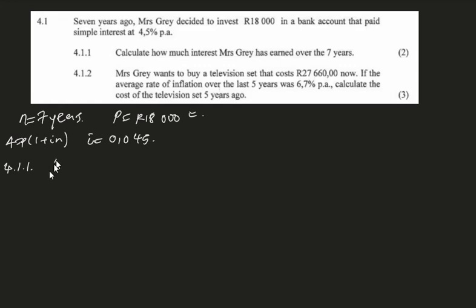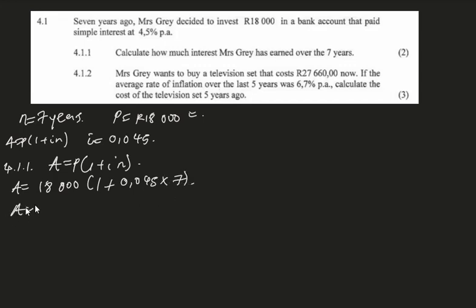Remember, we use the simple interest formula this way. The accumulated amount, we don't know that yet, so we have to find it. The principal is 18,000, deposited to accumulate interest over 7 years. The i is 0.045, multiplied with the years, which is 7.